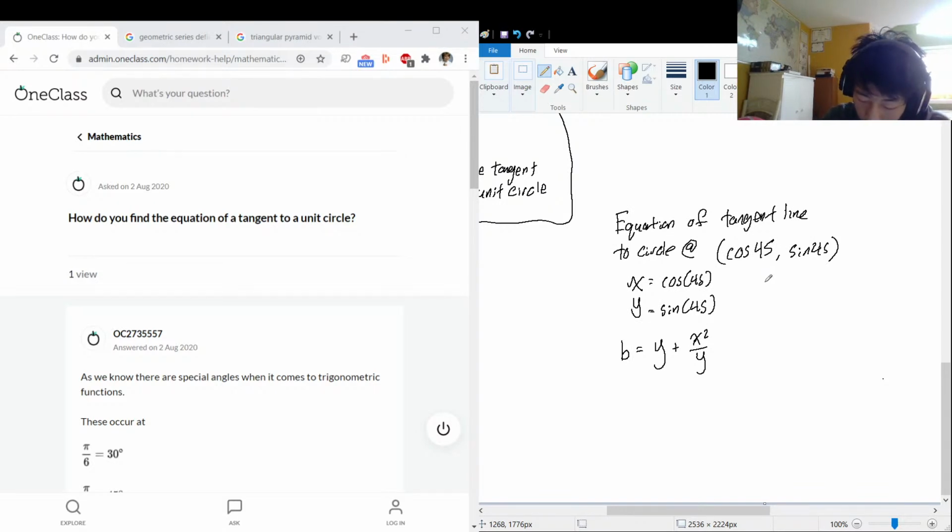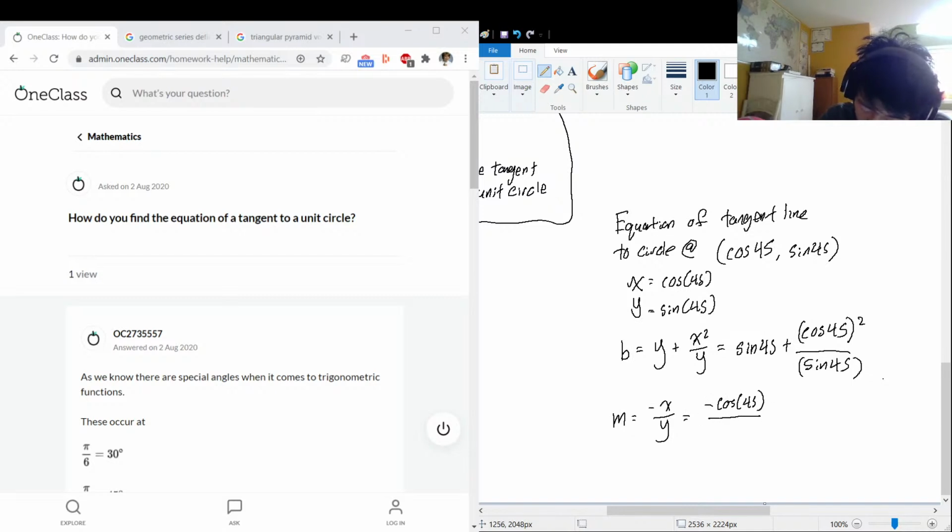So we know that b is equal to sine 45 plus cos 45, all that squared, over sine 45. And we know that our m is going to be negative x over y, which is negative cos 45 over sine 45.